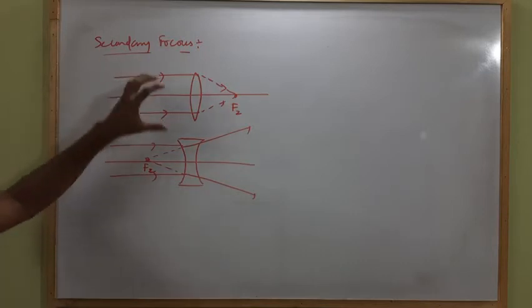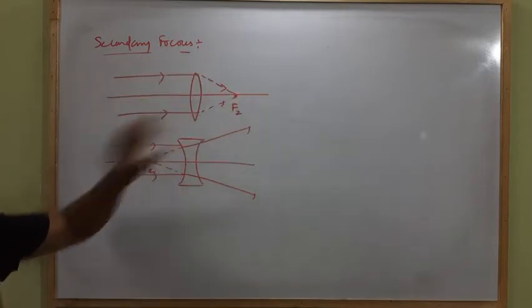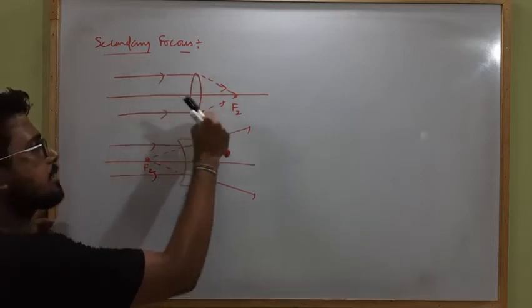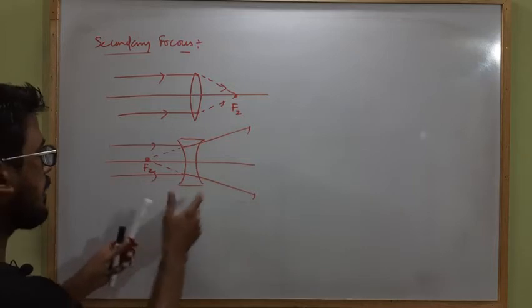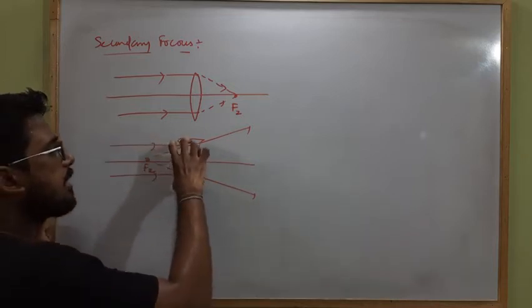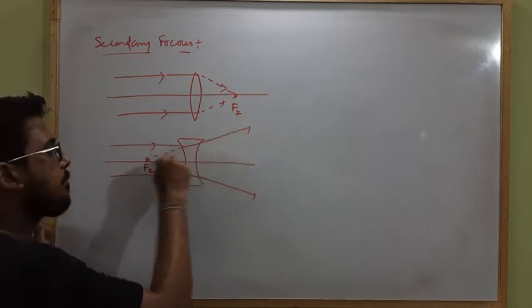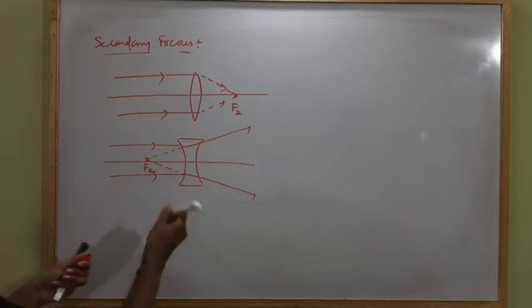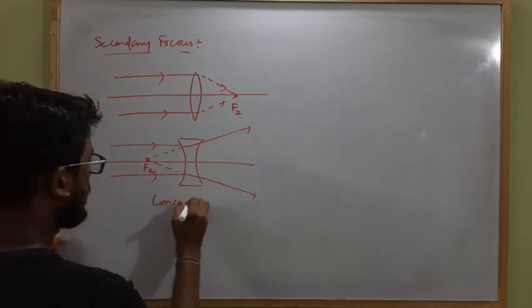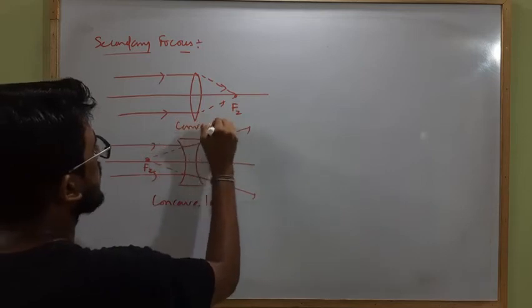So in case of secondary focus, the parallel incident rays actually converge at a point in case of convex lens, and in case of concave lens, the refracted rays appear to diverge from a point. That is known as the secondary focus. So this is for concave lens and this is for convex lens.